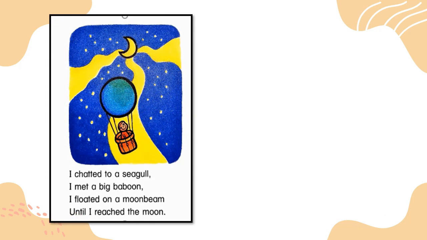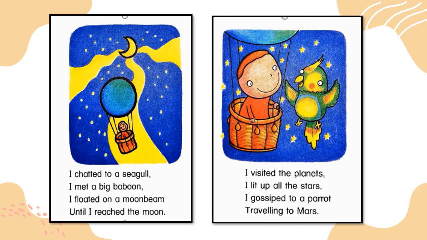I chatted to a seagull. I met a big baboon. I floated on a moonbeam until I reached the moon. I visited the planets. I lit up all the stars. I gossiped to a parrot traveling to Mars.